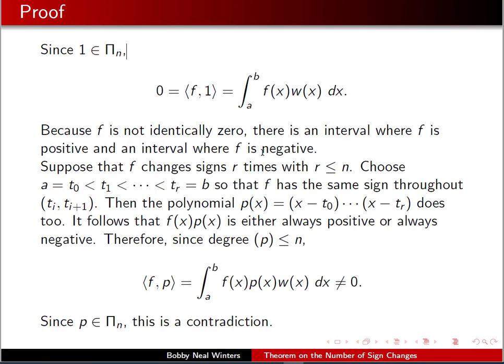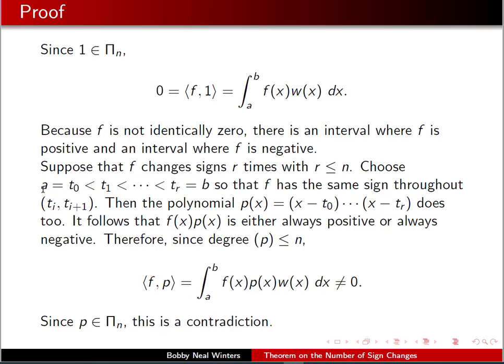Now, since f is not identically 0, there has to be an interval wherein f is positive and an interval wherein f is negative. Okay, so it's going to have to change signs at least once. Okay, so let's say that it changes signs r times, and to get a contradiction, that r is less than or equal to n.